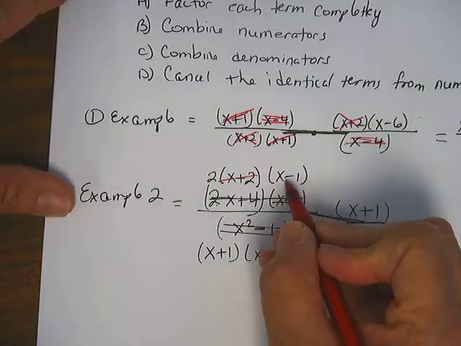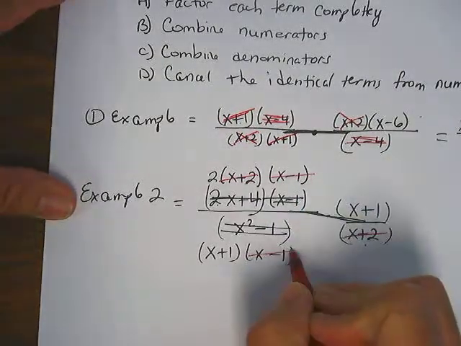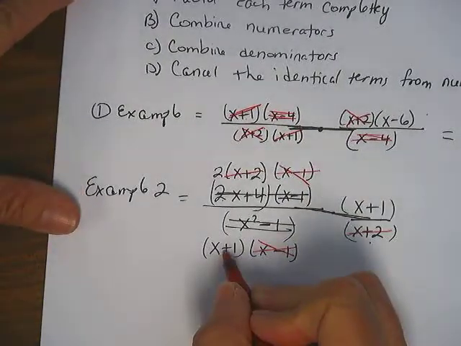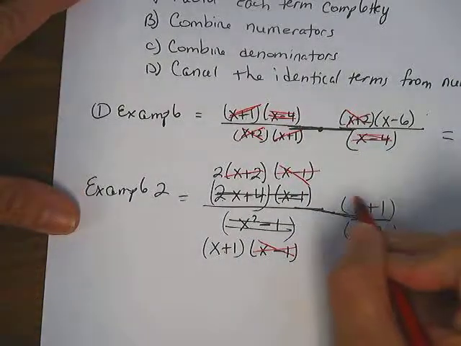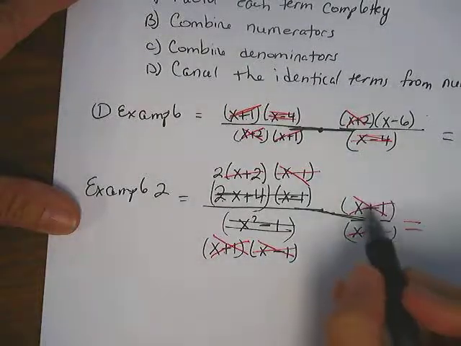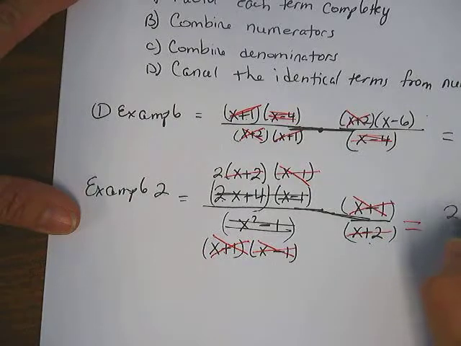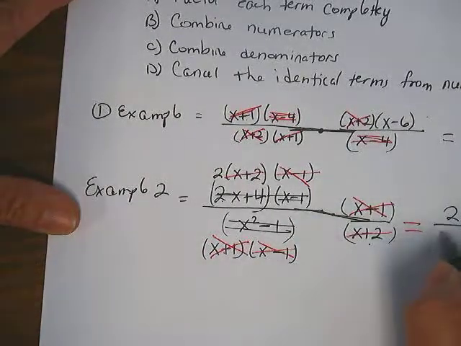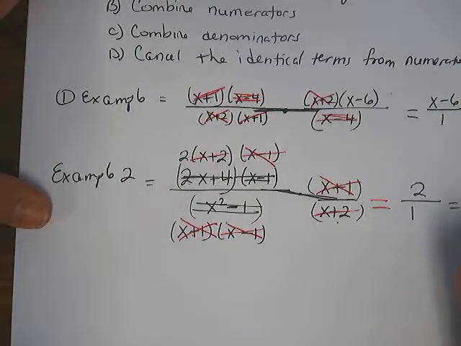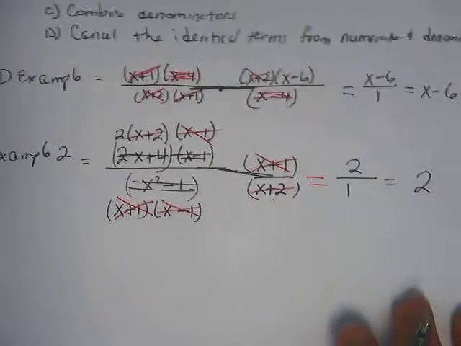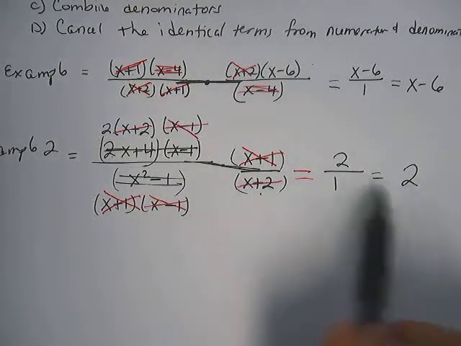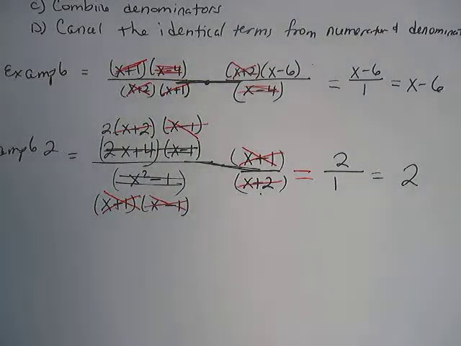I have an x minus 1 factor in the numerator and in the denominator, so we'll cross those out. X plus 1 in the numerator and in the denominator, so again, we cross those out. And we're left with, on the top, I just have a 2, and on the bottom, it's really just a 1. There's nothing there. So by default, it is a 1. So those two rational functions multiply to give me a 2.